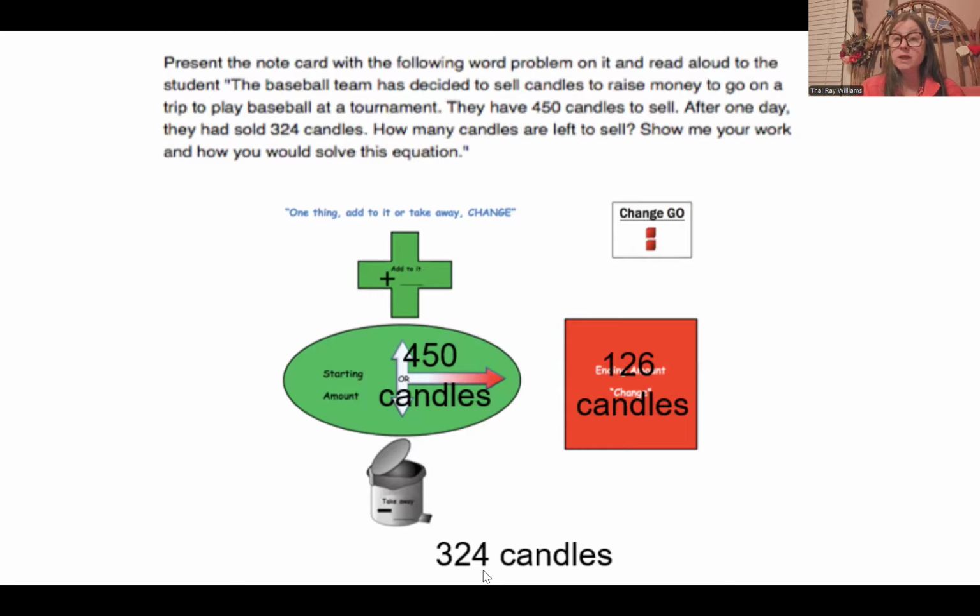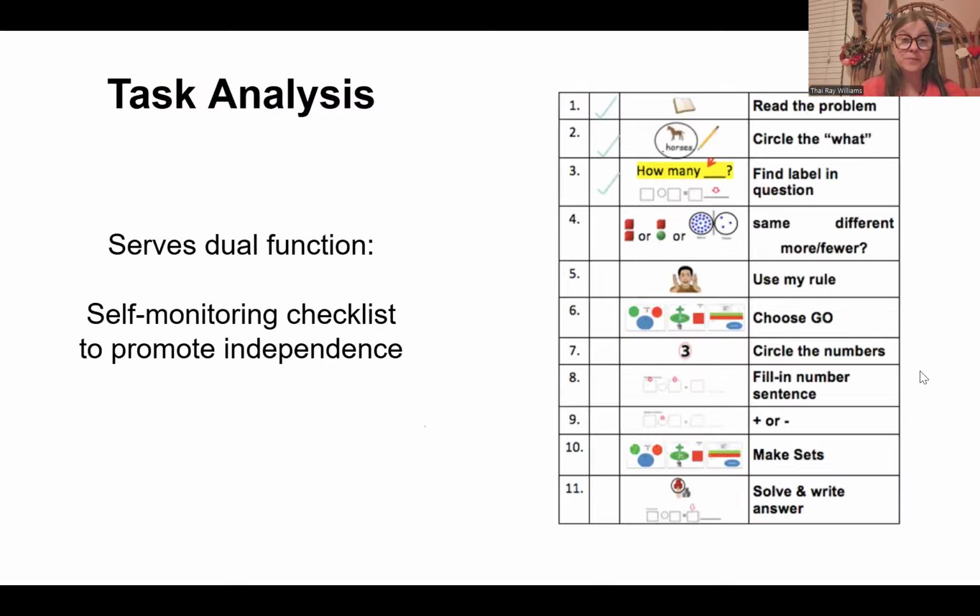Then you would teach them to hit equals, that's our change, and we end up with 126 candles. So this is a way for you to expand students' ability to solve word problems. You can also see that you could fade the manipulatives, and this is also a way that we can address word problems using graphic organizers in our task analysis in secondary school to make it more rigorous.